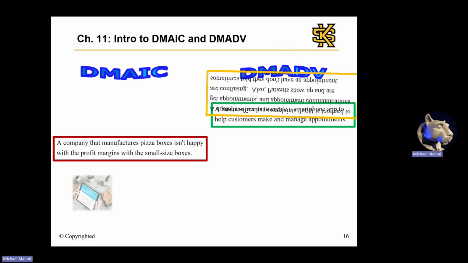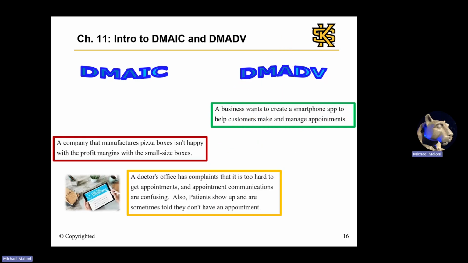And number three, suppose a doctor's office has complaints that it's too difficult to get appointments, and appointment communications are confusing. And to make matters worse, some patients show up and are told that they don't have an appointment.